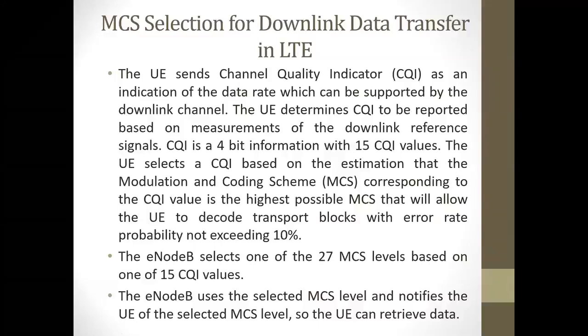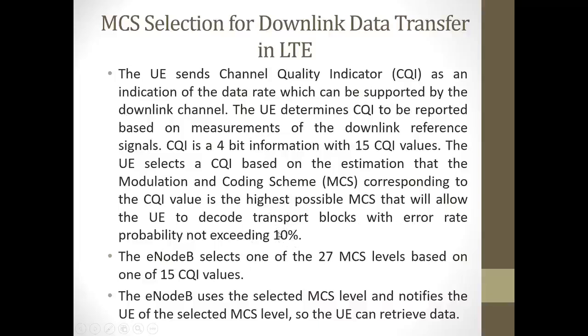We discussed last semester that the UE has to send a feedback, called the channel quality indicator, and it is done in a way that at maximum 10% of transport blocks are in error. The error rate does not exceed 10%.